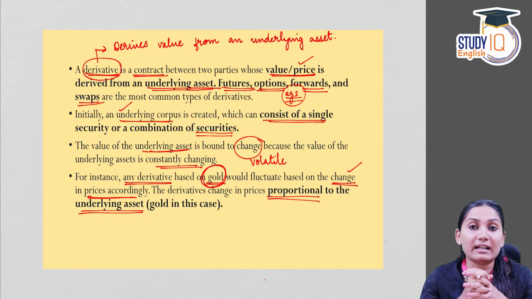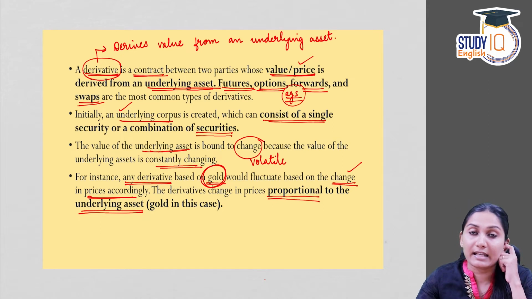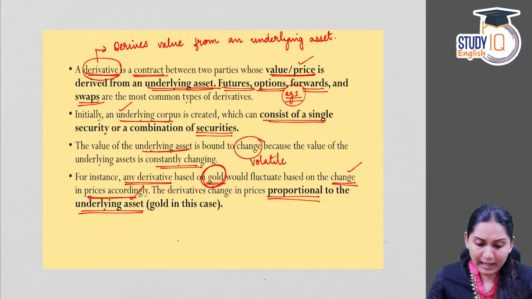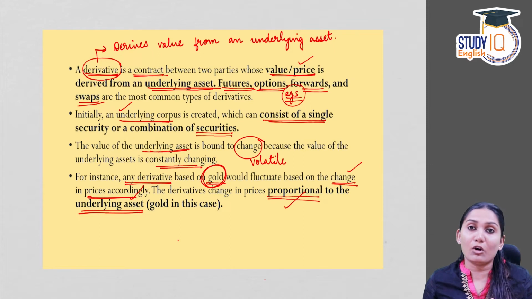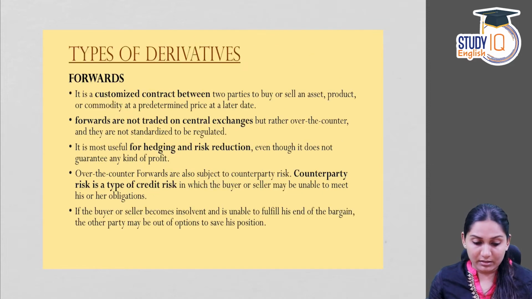For example, if the underlying asset is gold, we know that the price of gold is fluctuating. So as the price of gold fluctuates, what will happen? The value of the derivatives will also change. It is proportional to the underlying asset. That's why we say that derivatives are highly vulnerable to price changes, or highly fluctuating in nature.